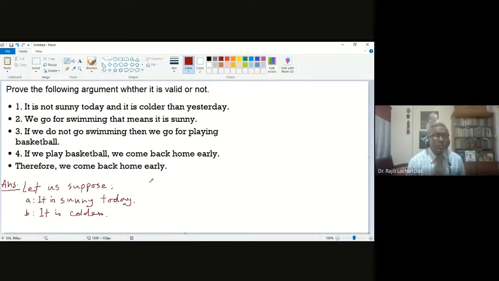Next, we go for swimming. Okay, so write C. C is another variable: it is going for swimming, or go for swimming. It's all right. So this is our next variable.